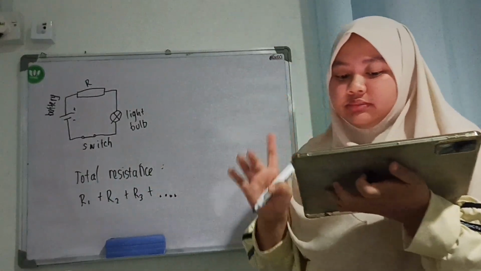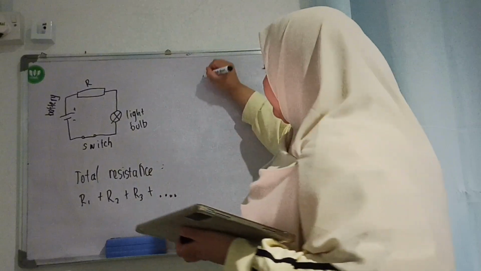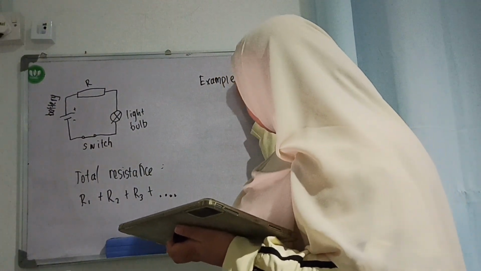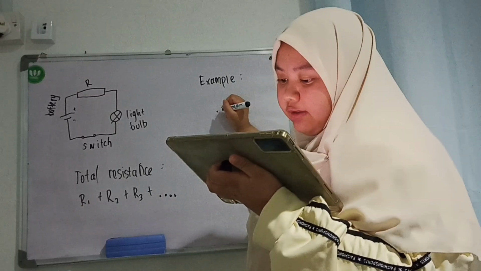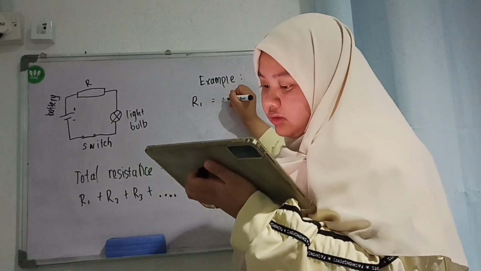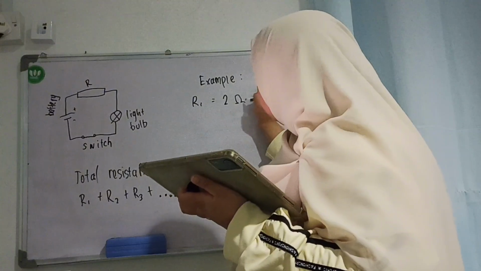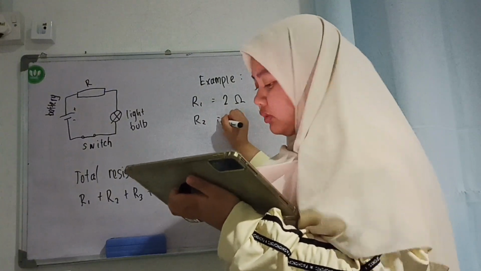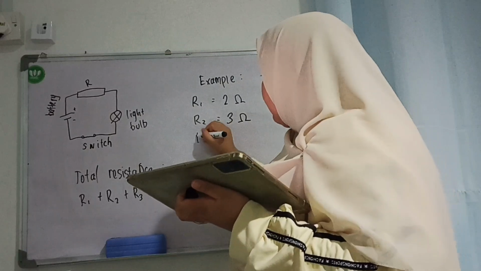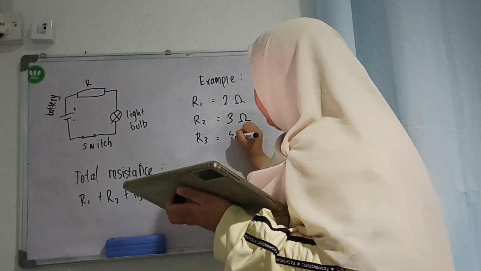Example of a problem: we have R1 is equal to 2 ohm, R2 is equal to 3 ohm, and R3 is equal to 5 ohm.